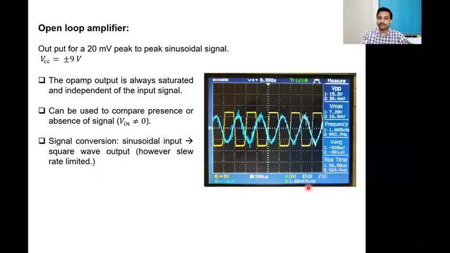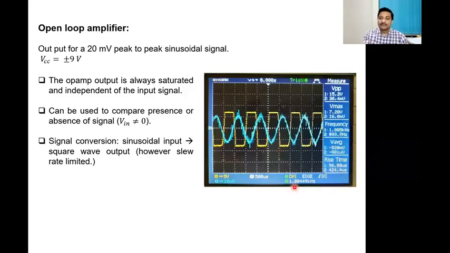The input is not a DC input. We are working at 1 kilohertz, which means the changeover from minus V saturation to plus V saturation, or the other way around, has to happen within a very short span of time, right? Of course, the input signal changes polarity continuously, but it's still within 1 millisecond, right?